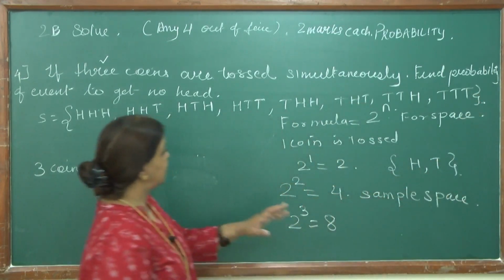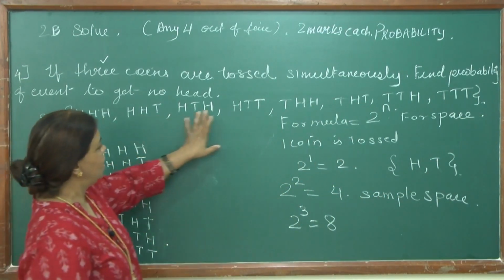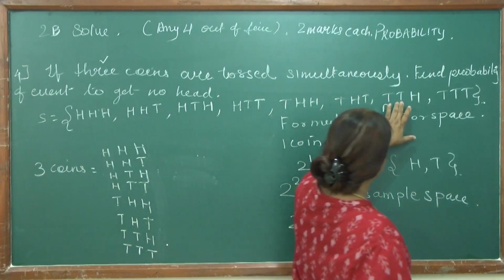So how many sample spaces? 8. Let us count: 1, 2, 3, 4, 5, 6, 7, 8.